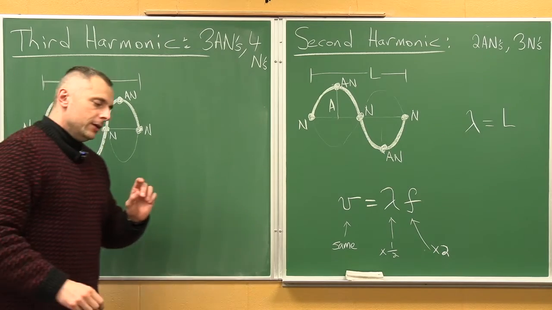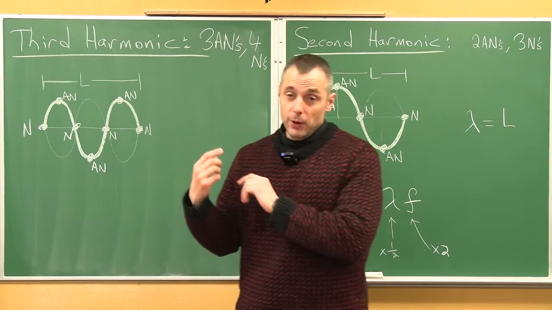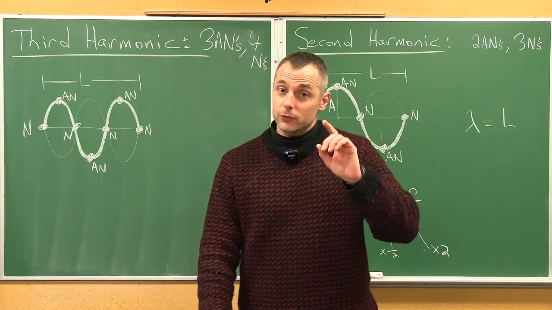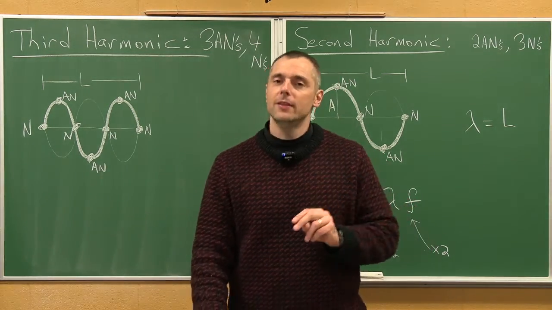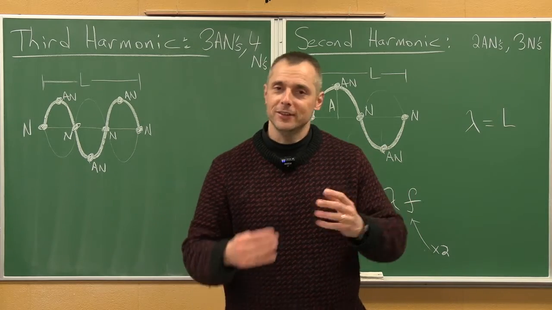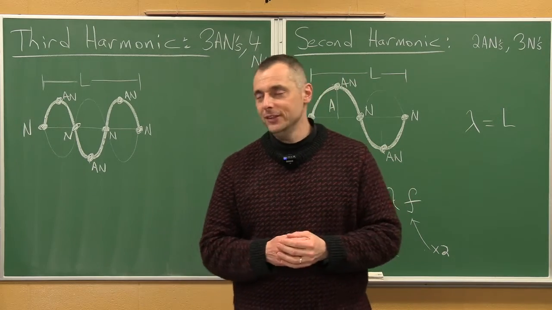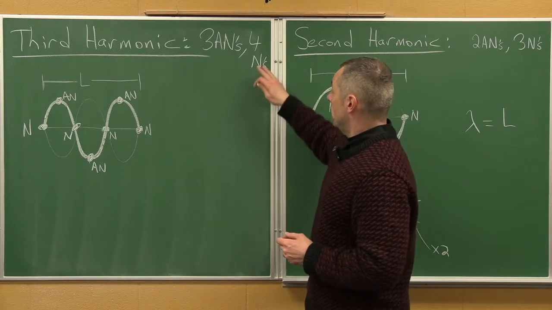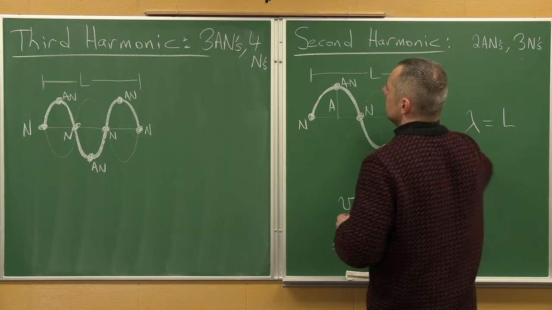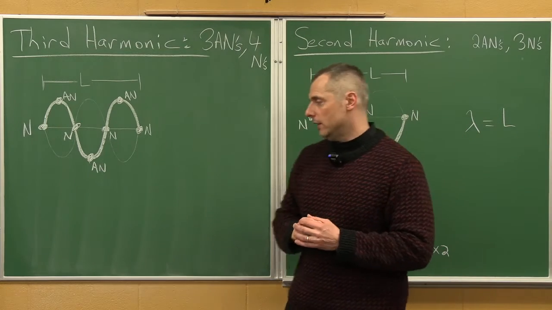So the pattern, if you look back at the first harmonic, which I erased, you would see that the first harmonic has 1 antinode. The second harmonic has 2 antinodes. The third harmonic has 3 antinodes. Do you see a pattern? Well, obviously, the number of antinodes is the harmonic number. And there's always 1 extra node compared to how many antinodes there are.